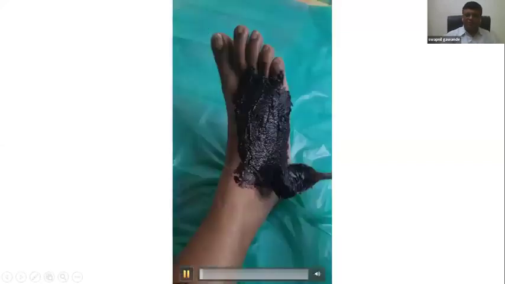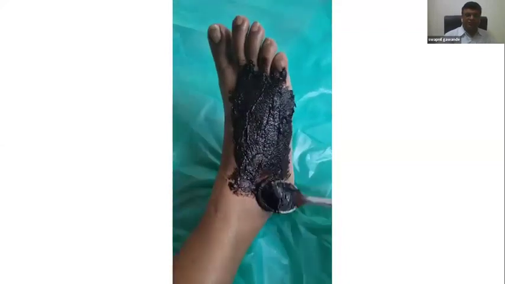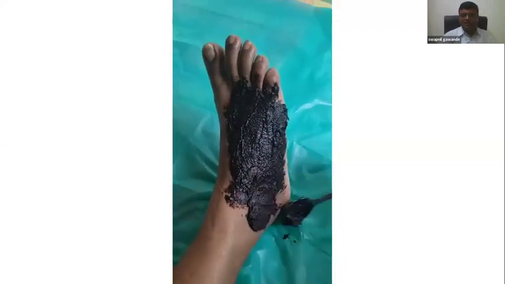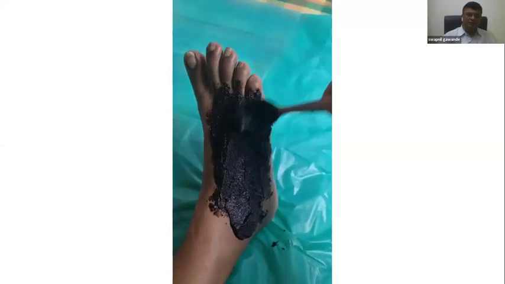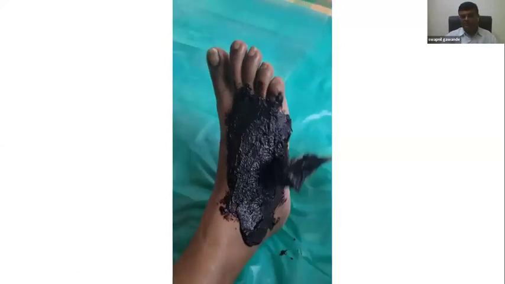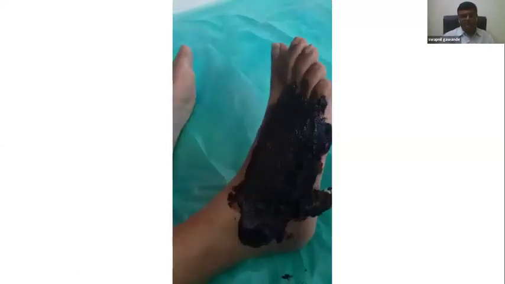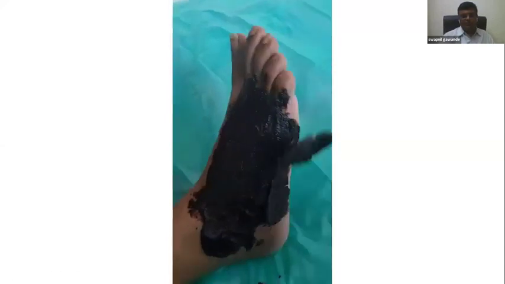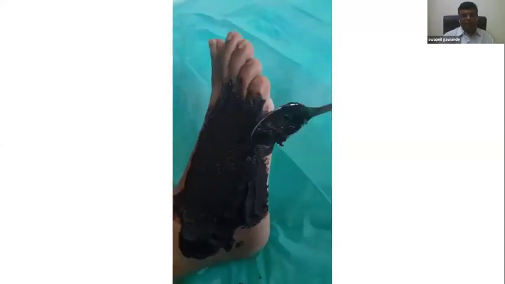So we are using this Sandhana lepa. Most of the drugs in this Sandhana lepa are from the Sandhana Gana, said by Charaka. By boiling that particular drug and reducing it, we make a layer, you can also call it the pralep.